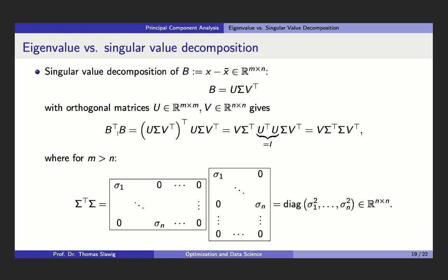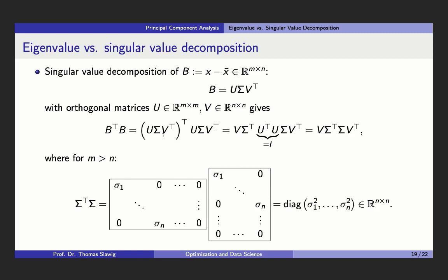And if we then compute the estimator for the covariance matrix, or the matrix that we need inside, the estimator would have this additional factor in front. But if we compute B transposed B, this matrix transposed times itself, then we can insert the singular value decomposition like this.